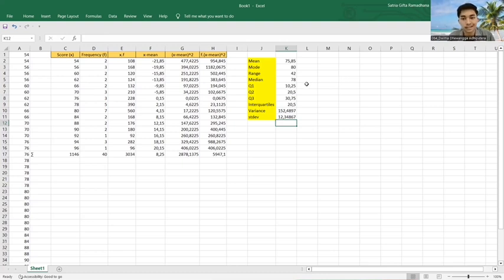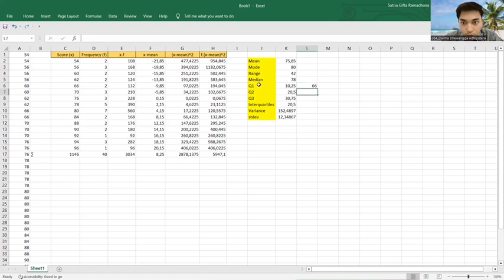Now we have to find the score of quartile 1. To do this, we have to look at this, it is 10.25. So we have to find the 11th data in this. The 11th data is 66. So just type 66.